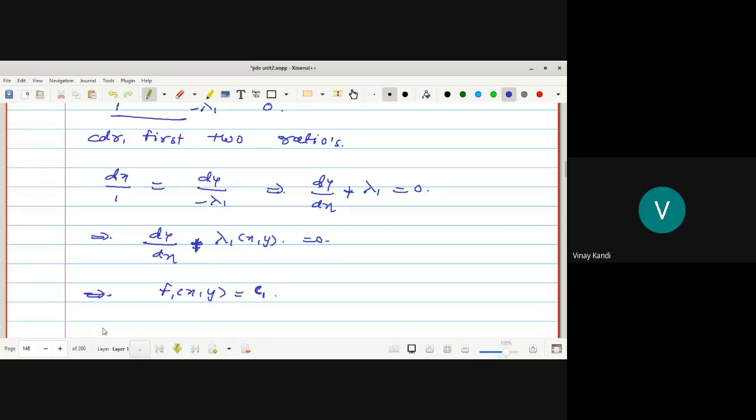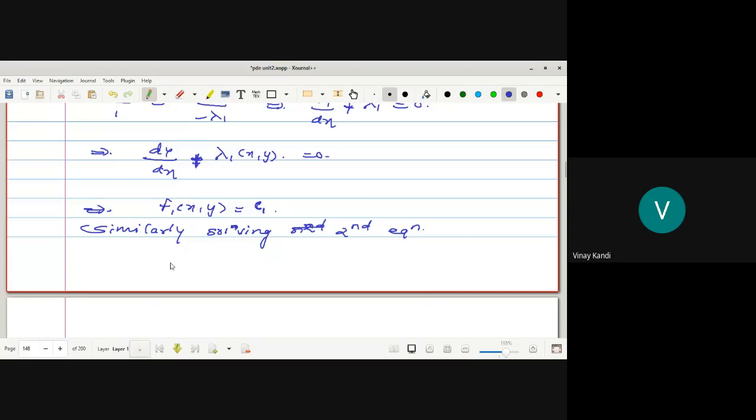Similarly, solving the second equation for lambda 2, what we get? dx upon 1 is equal to dy upon minus lambda 2, for the second root, is equal to d xi upon 0.